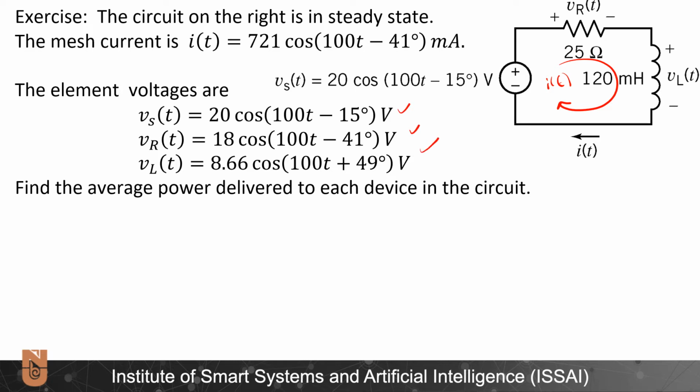We need to find the average power delivered to each device in the circuit, the voltage source, the resistor, and the inductor. So in general, the average power is given by P is equal to Vm times Im divided by 2 times cosine theta V minus theta I. Now let's calculate this for each of the components.